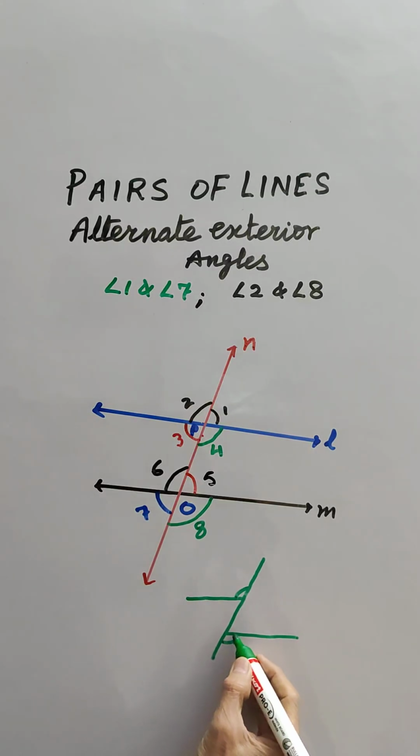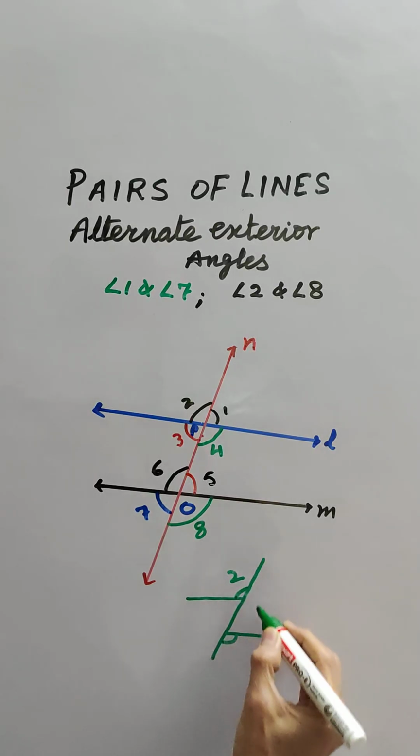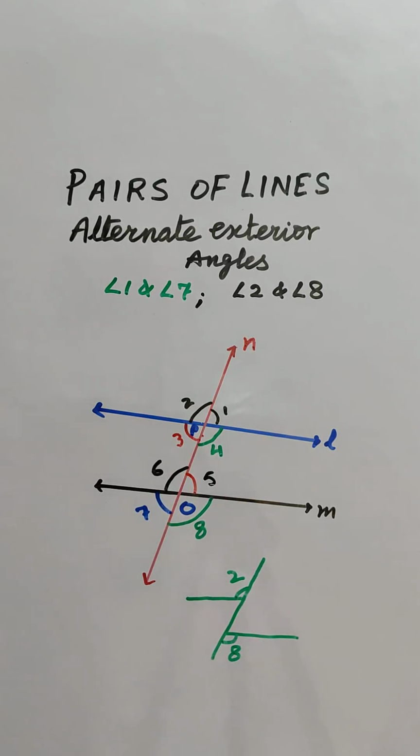Angle 2 and angle 8 are alternate exterior angles.